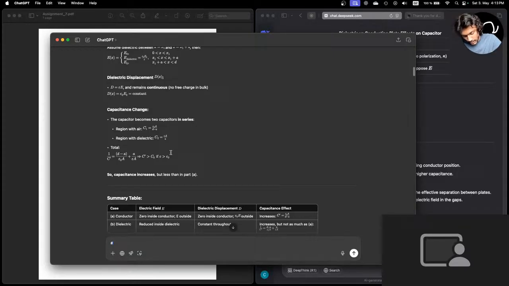It somewhat acts like a series of capacitors. C_ND plus C_D by C_ND dot C_D.